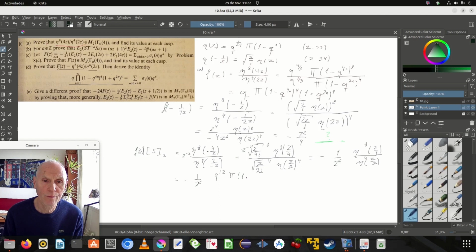Q to the 4th, and in the denominator we get Q to the 1/12 again, so they cancel, and then it's Q to the 2nd, to the 8th up here, and to the 4th down here. And we will just reduce it.